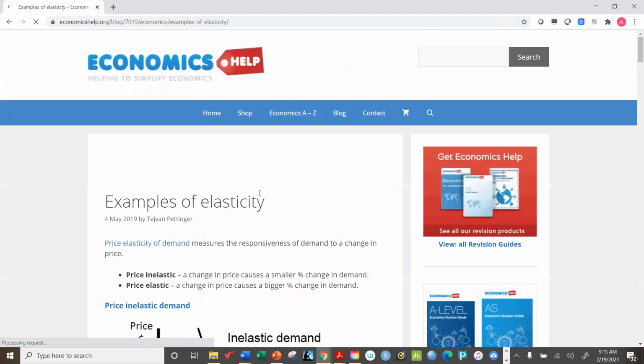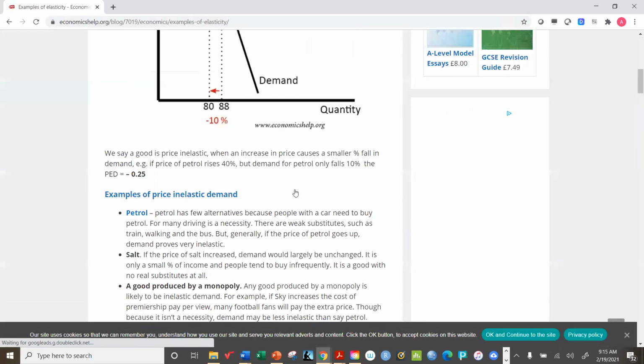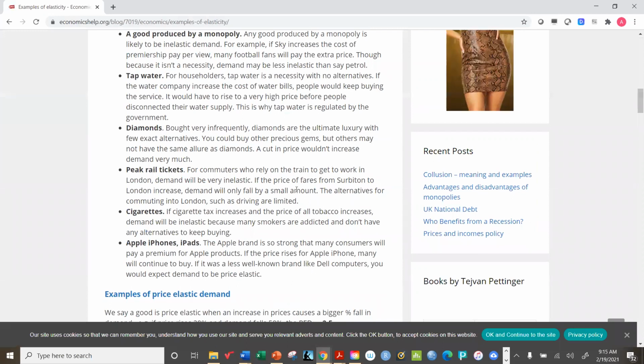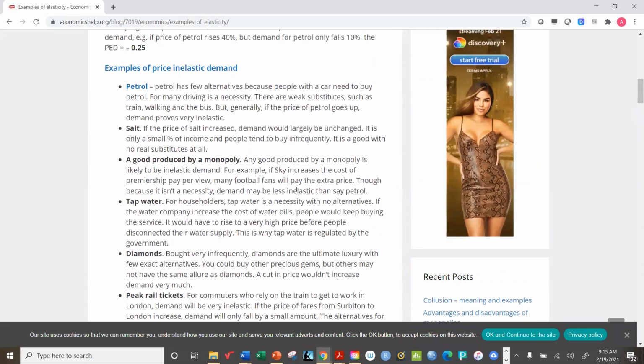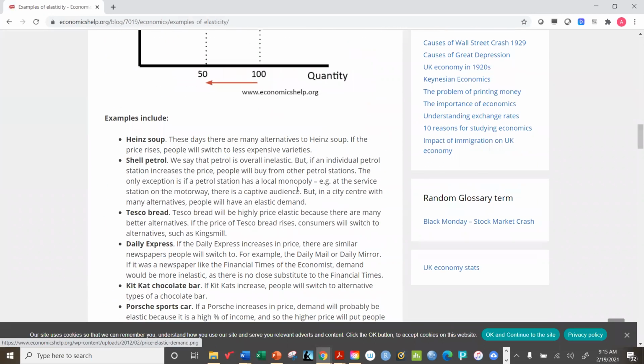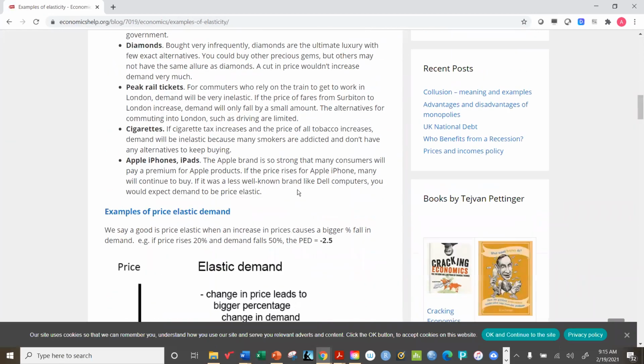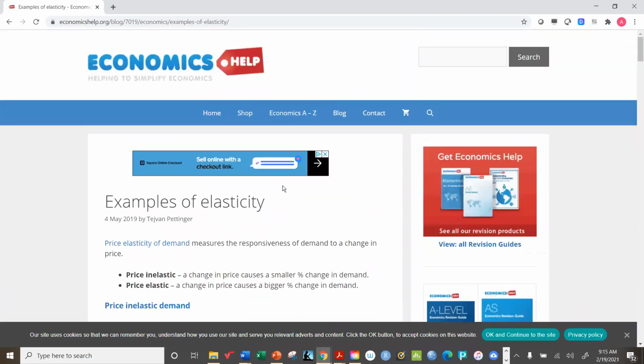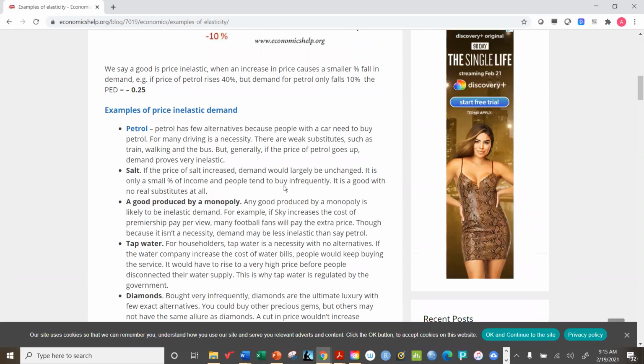Oh, okay, maybe. Now I think this is a British website. So they're saying here's some cases like petrol. In England, they call it petrol instead of gas. That's how we know this is a British website.